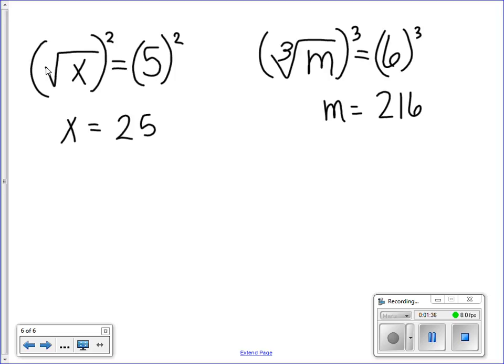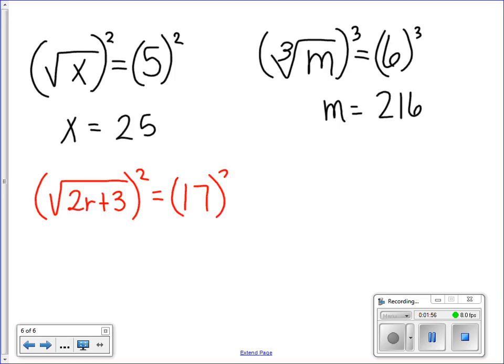What if it's not just something straightforward? What about that? Square it. Gotta square this side, right? So what ends up being over here? And what ends up being over here?